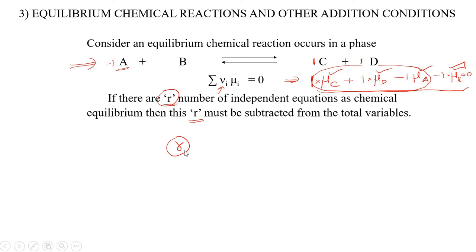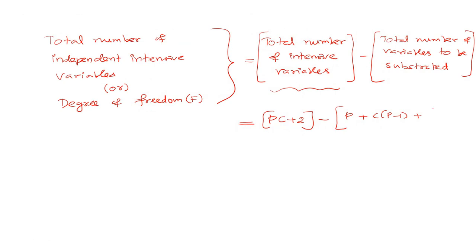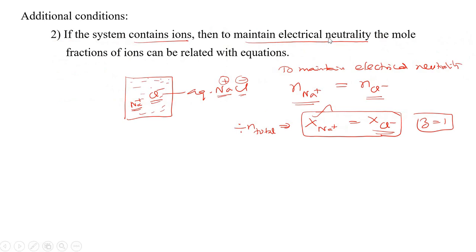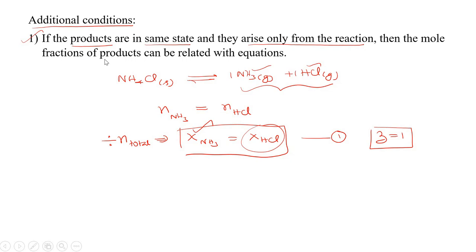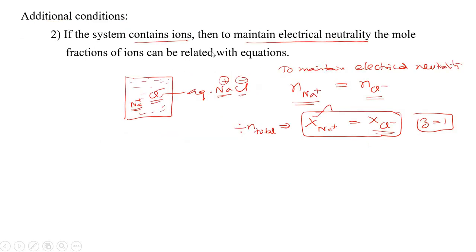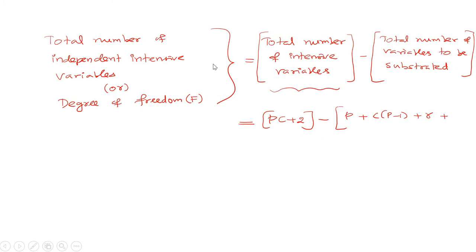For each chemical equilibrium we have to subtract 1. If there are r chemical equilibrium reactions, we have to subtract r from the total. Plus, if the system contains any additional conditions, for these we have to subtract Z variables.